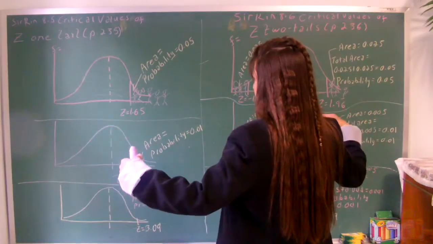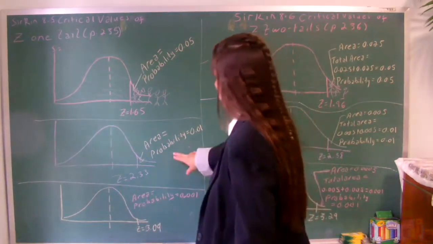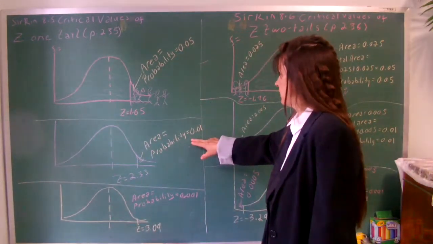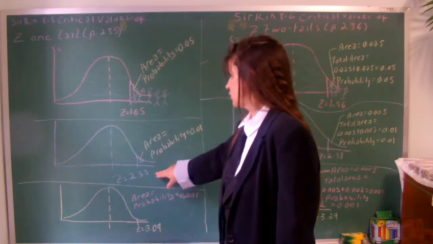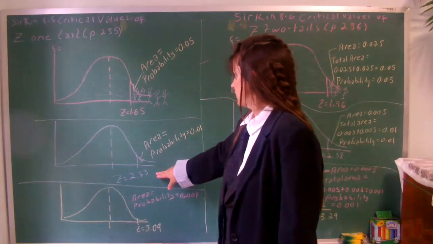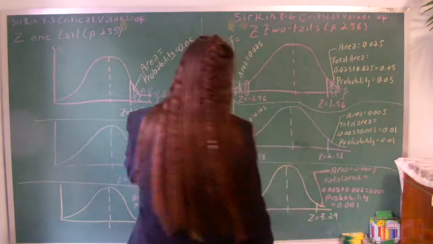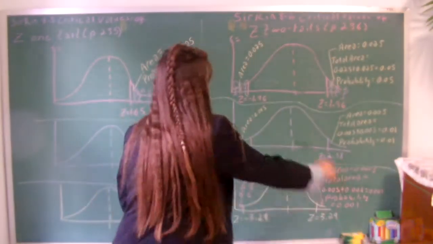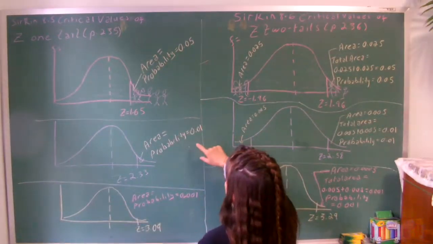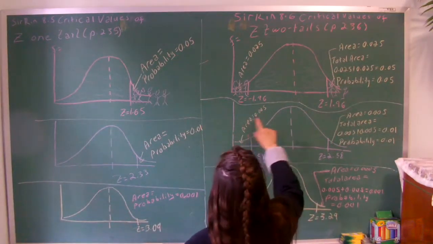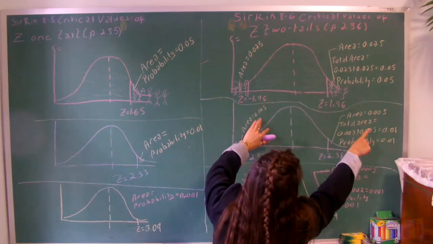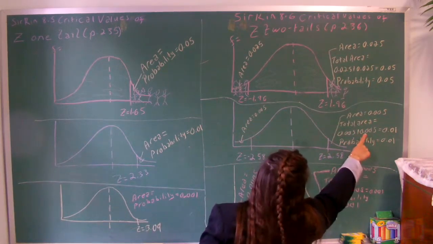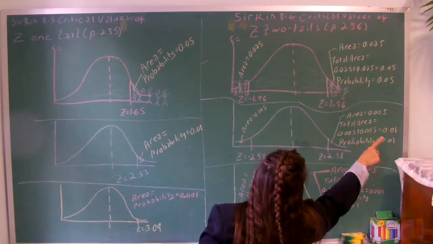So now we can work our way through it. It's a similar concept for the next one, where the probability equals 0.01 and your Z critical has to be 2.33. For the two-tail, the area again has to be divided in half, because 0.005 plus 0.005 equals 0.01.